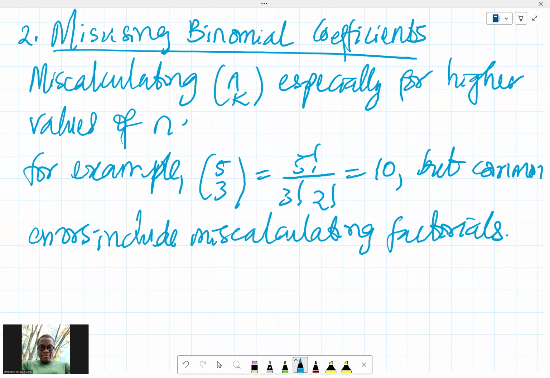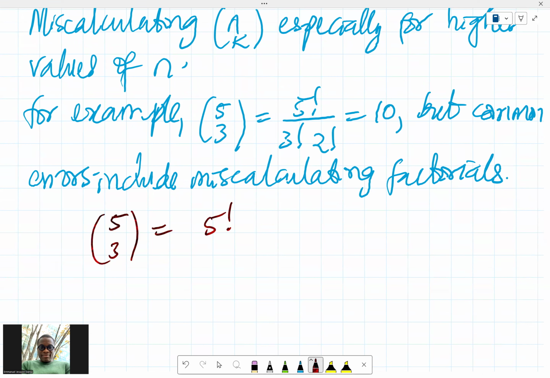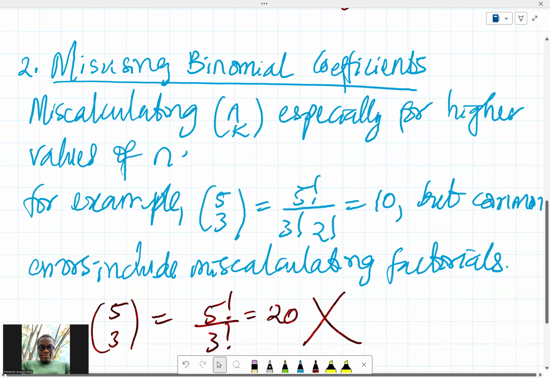Because you're in a hurry, you could easily do something wrong, like say 5 combination 3 is 5 factorial divided by 3 factorial, and forget the other part, and then this just gives you 20. This is totally wrong because it's a combination you're dealing with. Maybe this would have been correct if you were dealing with permutation, but here it's combination. So you want to pay attention to this so you don't get into that trap.